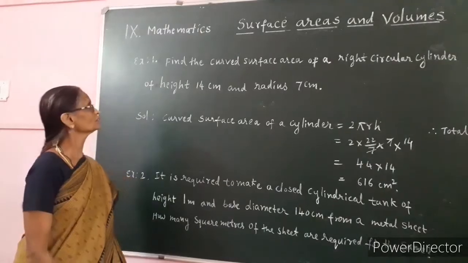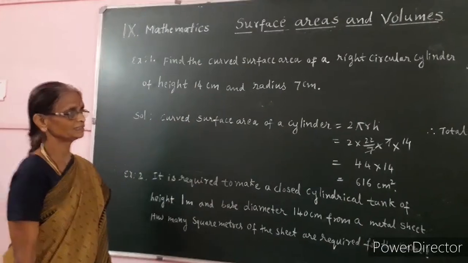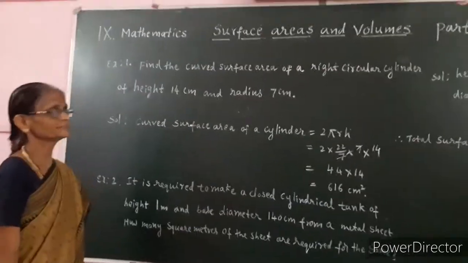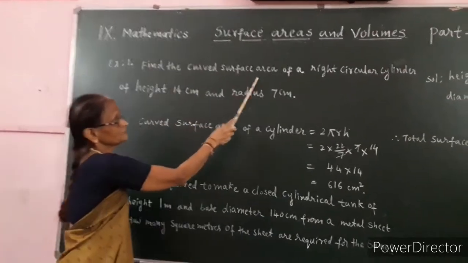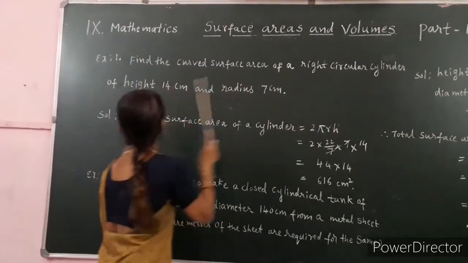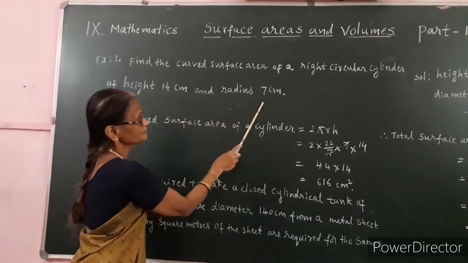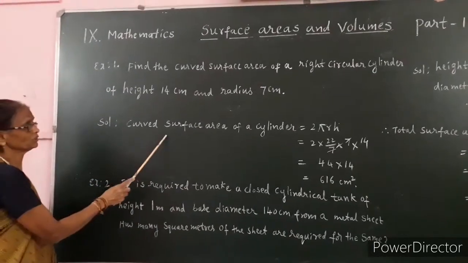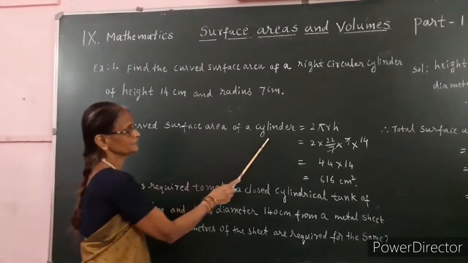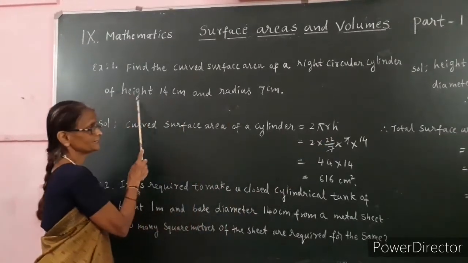This is the total surface area of a cylinder. Children, we are going through some more examples related to curved surface area and total surface area of a right circular cylinder. Example 1. Find the curved surface area of a right circular cylinder of height 14 centimeters and radius 7 centimeters. First, I have to write the formula. Curved surface area of a cylinder equals 2 pi r H. R is given and H is given.